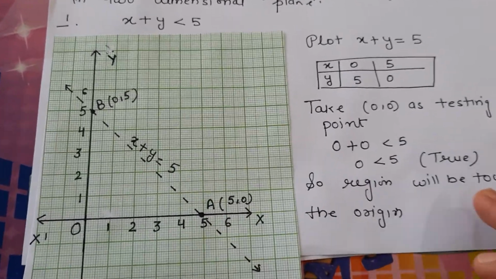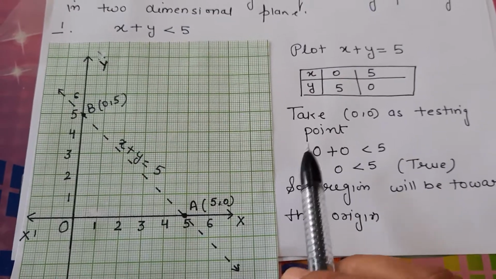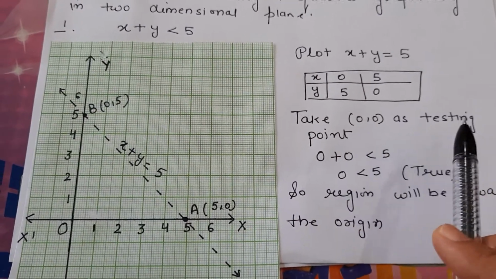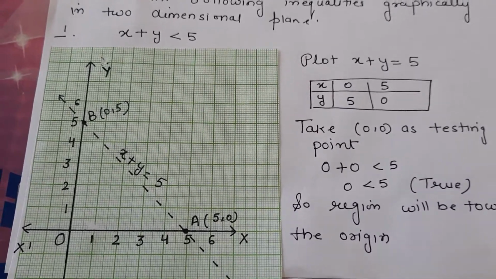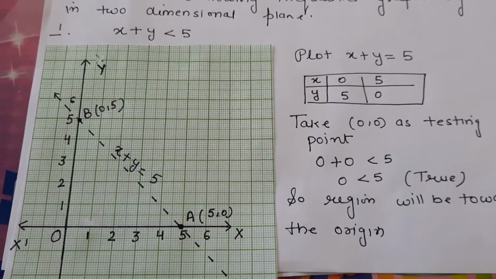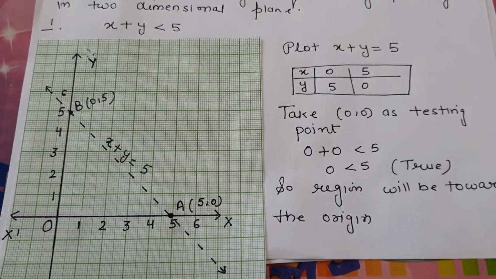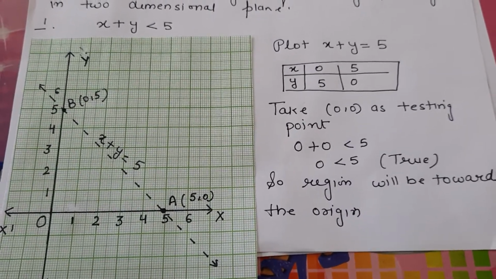But in all questions we are just going to take origin, because origin is very simple to do calculation. So I have taken 0, 0 as the testing point, and we check if the origin is satisfying the condition, then the region will be towards the origin, and if origin is not satisfying the condition, region will be away from the origin.